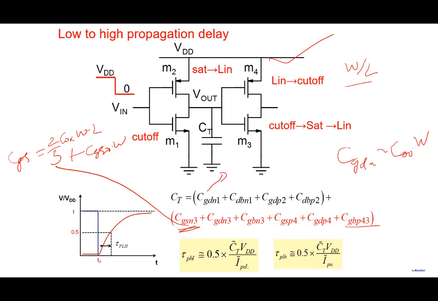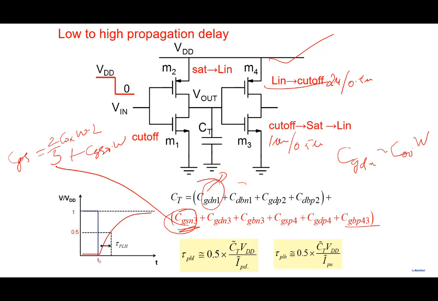Like this inverter could be, let's say, 2 micron by 0.5 micron or whatever, and this is 1 micron by 0.5 micron, something like that. So once you're done with the initial part of the design, you have a schematic with the sizes. With the sizes, you can estimate CGSN and CGDN and all that.